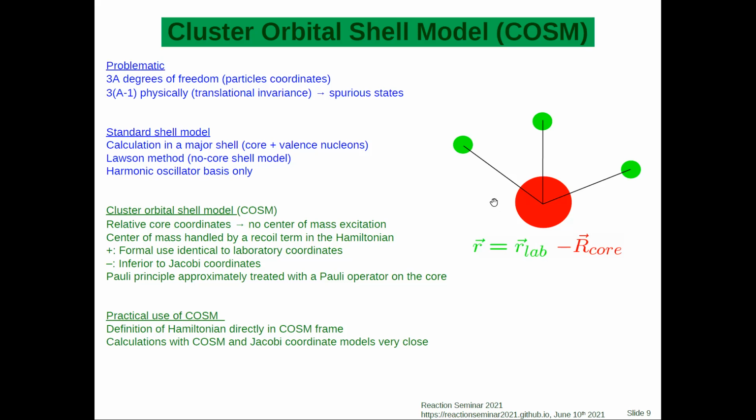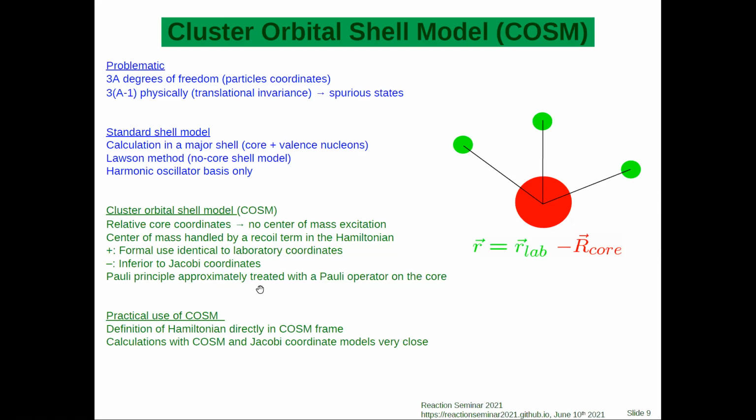Moreover, as these are particle coordinates, their use is identical to laboratory coordinates. We just have an additional recoil term in the Hamiltonian because of these cluster orbital shell model coordinates, so that we have a model without a center of mass excitation, and we can use it in the same way as with laboratory coordinates, because we can build Slater determinants here with valence nucleons.